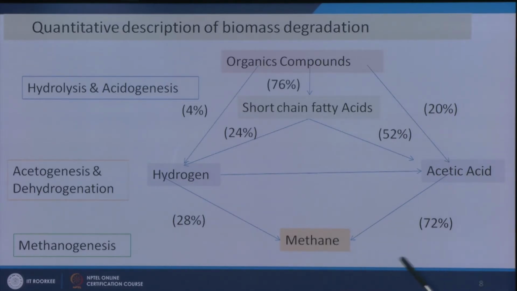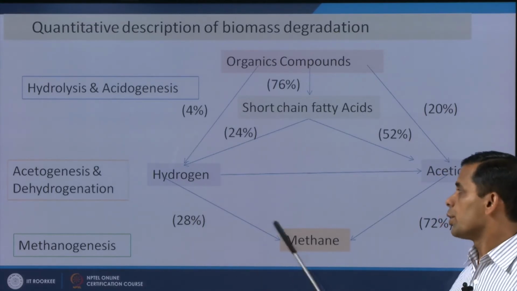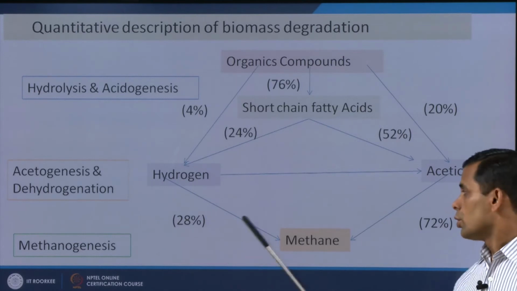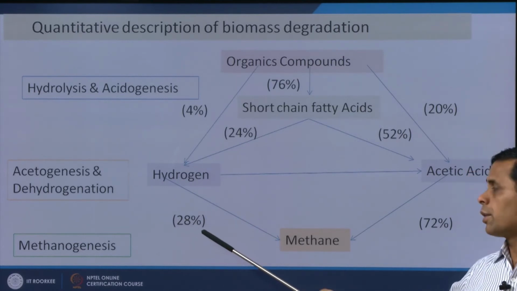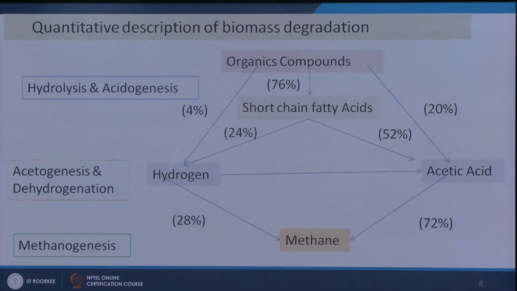Around 72% of the methane produced is through acetic acid and around 28% is produced from hydrogen. So, this is 28, or in round figures 30, and this is say 70. This is the ratio of the methane produced through these two routes, acetic acid to methane and hydrogen to methane.